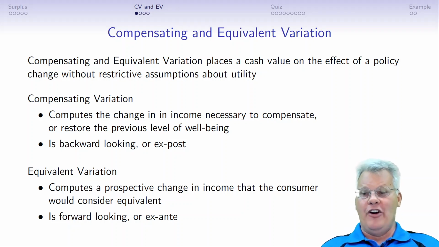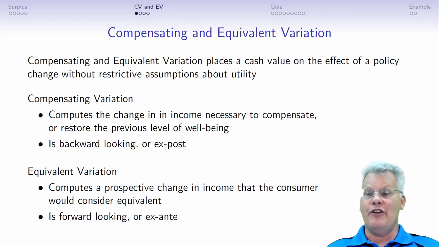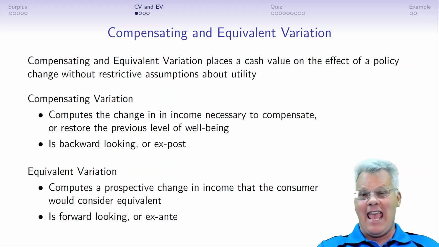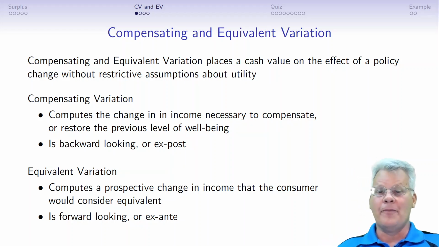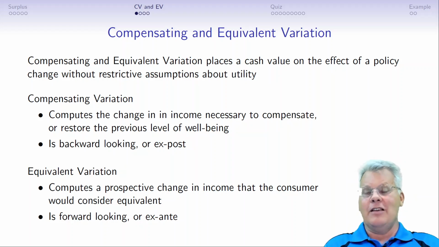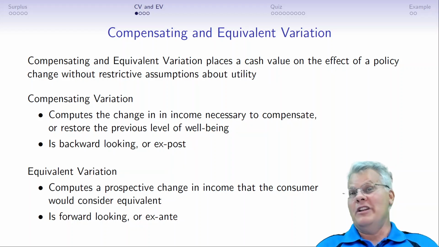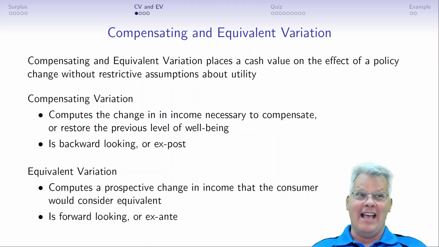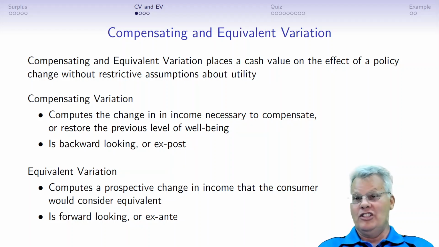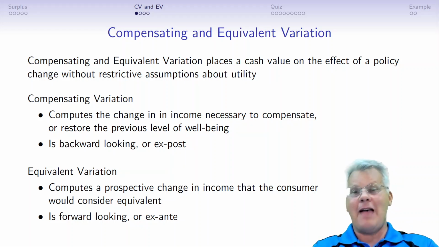The equivalent variation is, by contrast, a forward-looking, or ex ante, calculation. It computes how much of a change in income would be considered equivalent. If the government is talking about increasing gas taxes, it's a possibility, it hasn't happened yet.